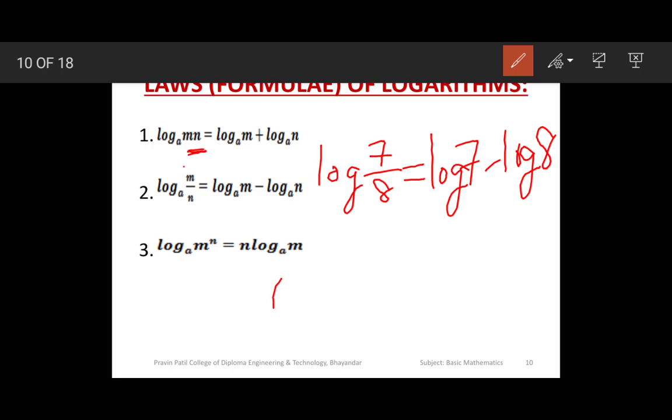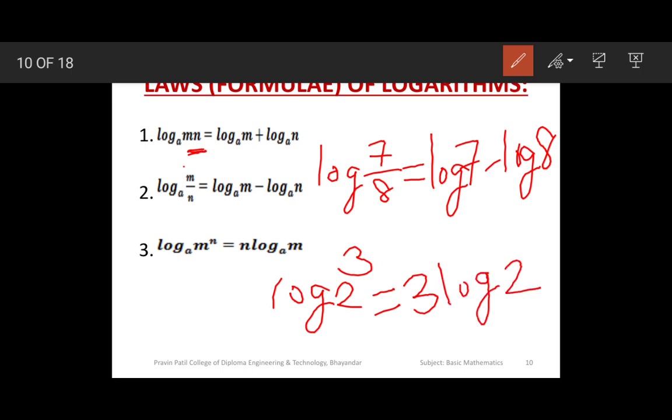So for example, log 2 raised to 3 can be written, by using the formula, as 3 into log of 2. Clear? So, three rules or three formulas of log. First formula, multiplication formula: log m into n equals log m plus log n.